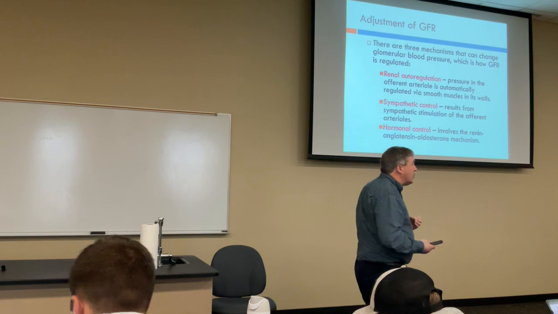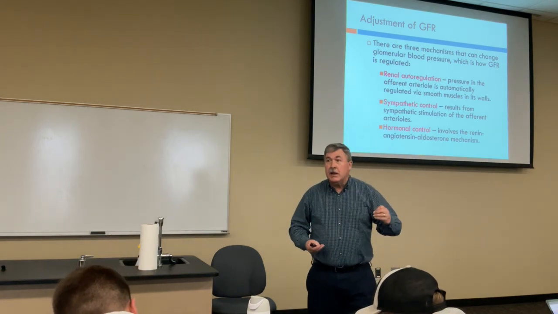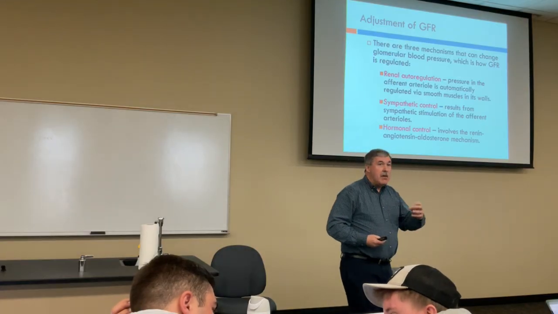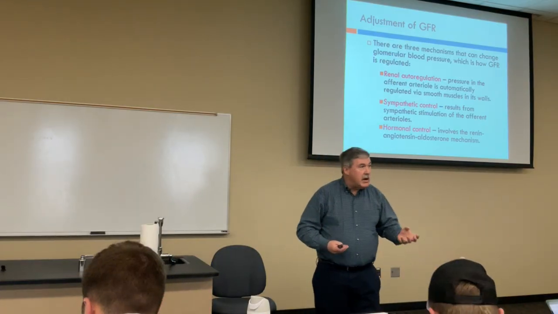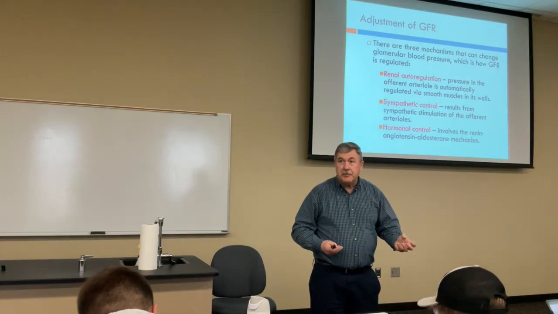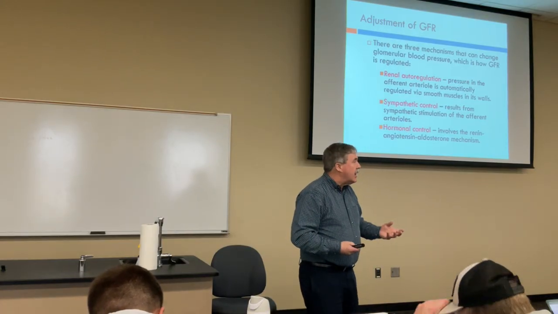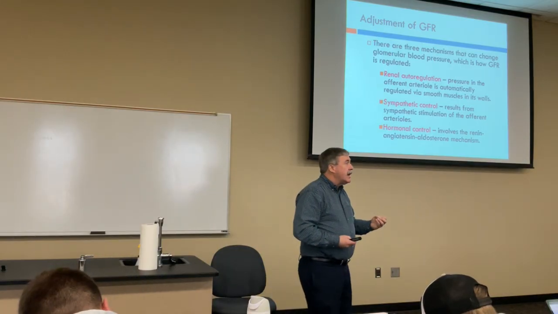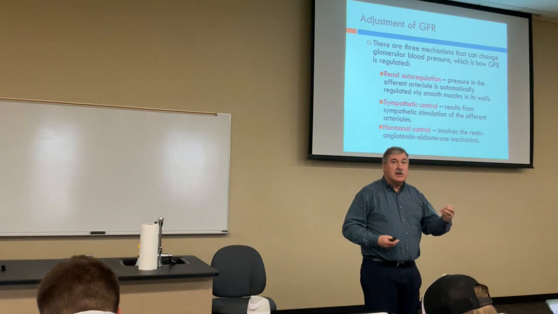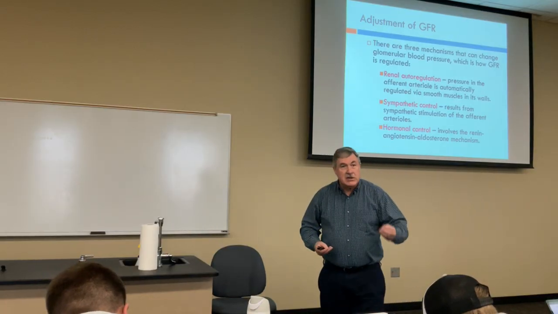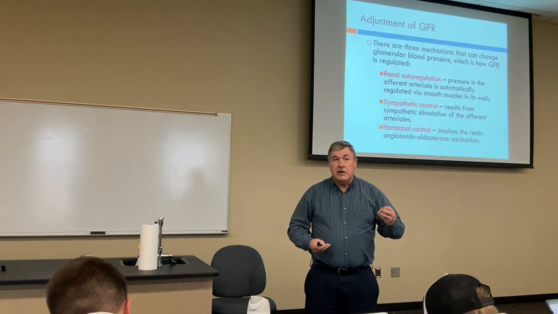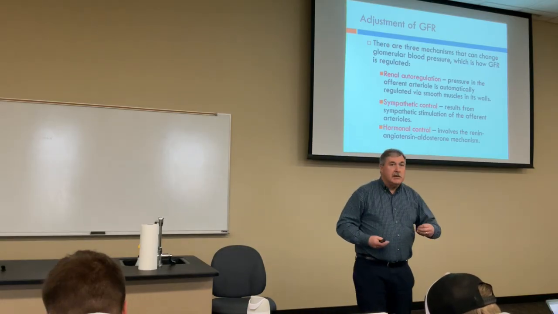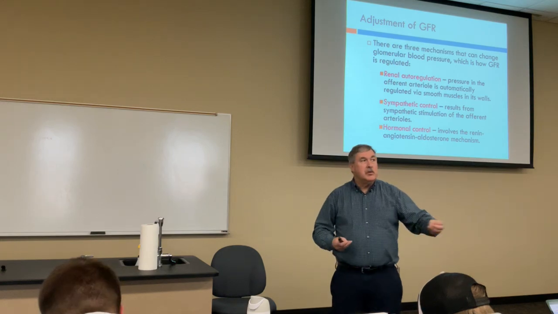The other one's called tubuloglomerular feedback. That's a lot more complicated mechanism. That involves a monitoring of the filtrate in the distal convoluted tubule by cells in the distal convoluted tubule called the macula densa. If it detects an increase in sodium in the distal convoluted tubule, that's a signal that GFR is too high. If GFR is too high, then the filtrate's going to move through the tubules more quickly.